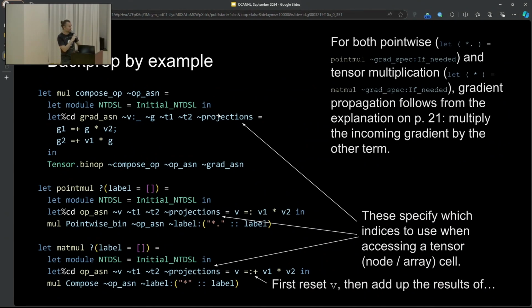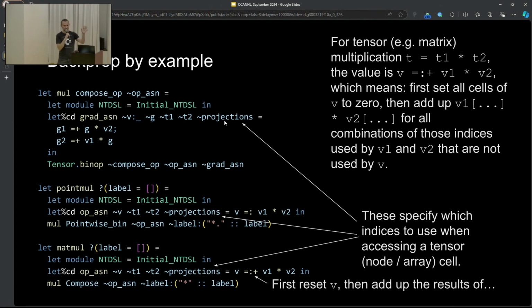And also, those projections arguments, they specify what the axes are for the left-hand side and right-hand side. That's how we can know which axis to accumulate over for matrix multiplication.